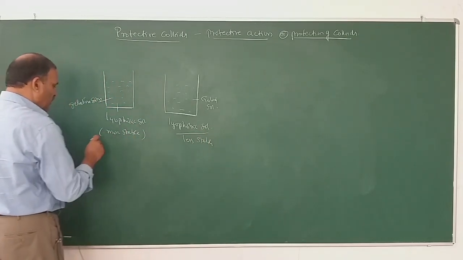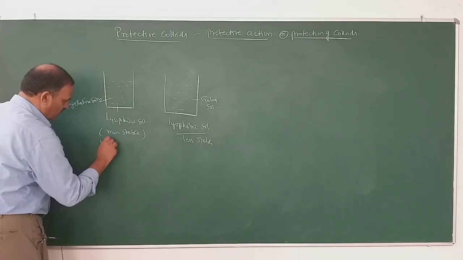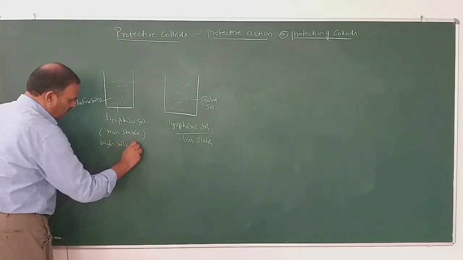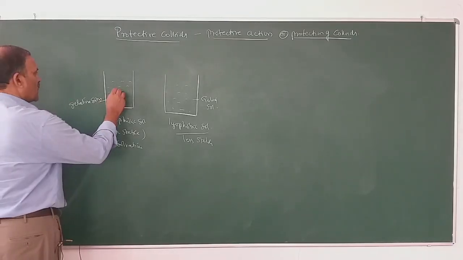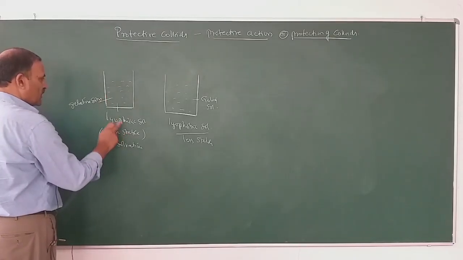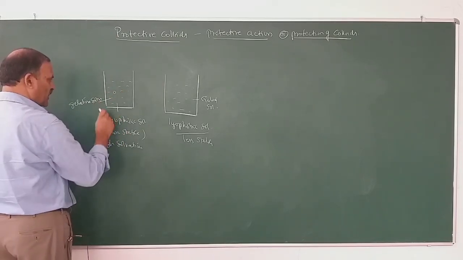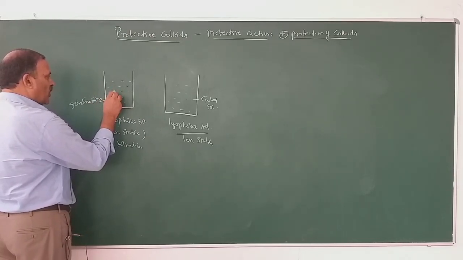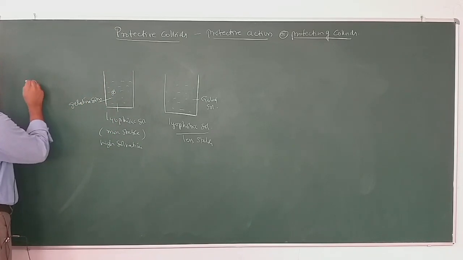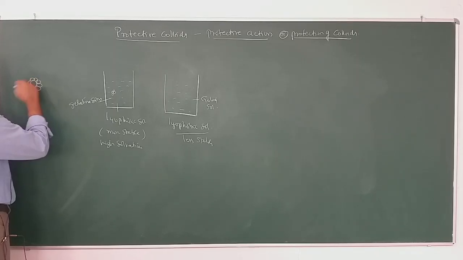They are more stable because of high solvation. So what is the meaning of solvation? In lyophilic salts, since there is great affinity between dispersed phase and dispersion medium, around the colloidal particle there is a sheet of solvent particles.